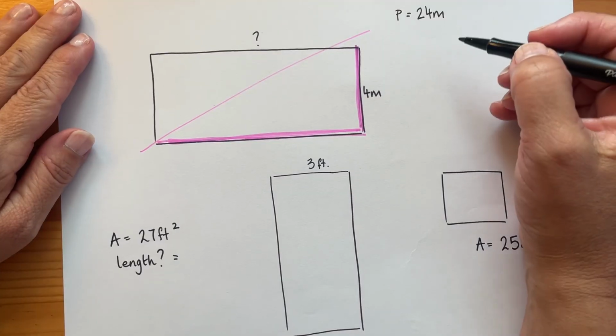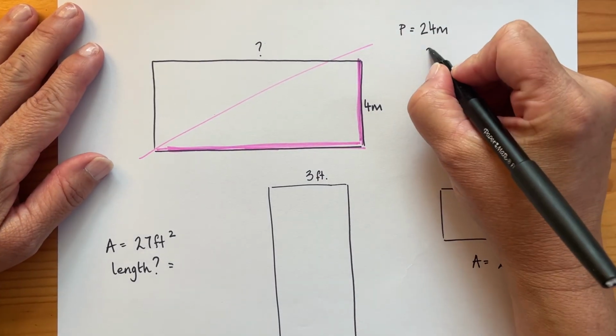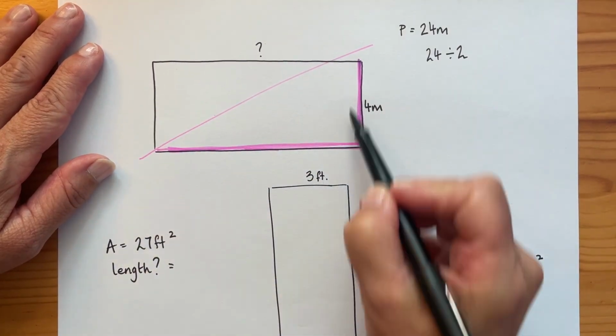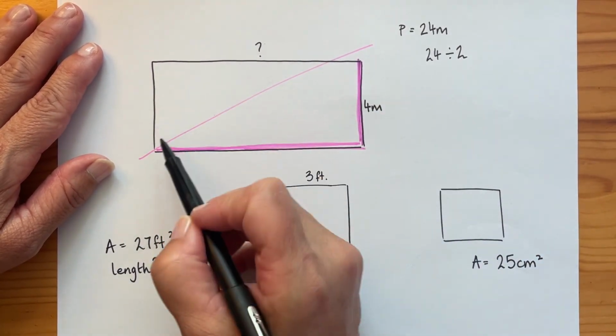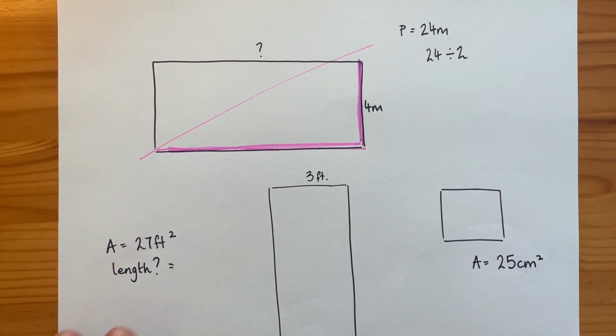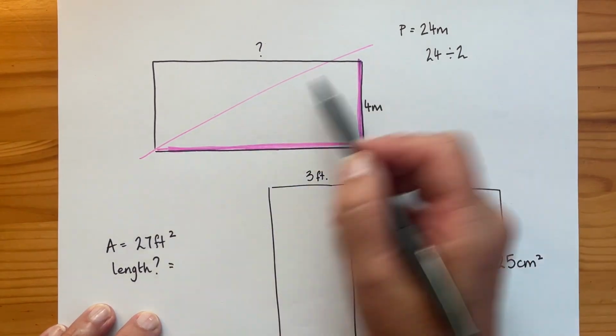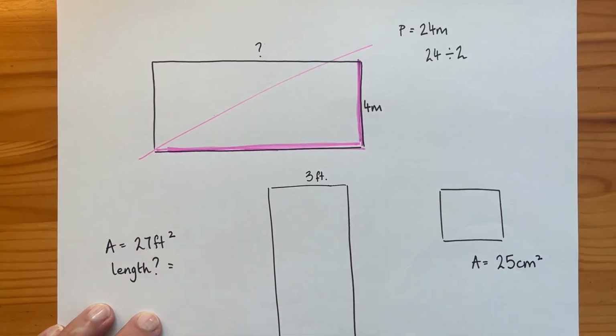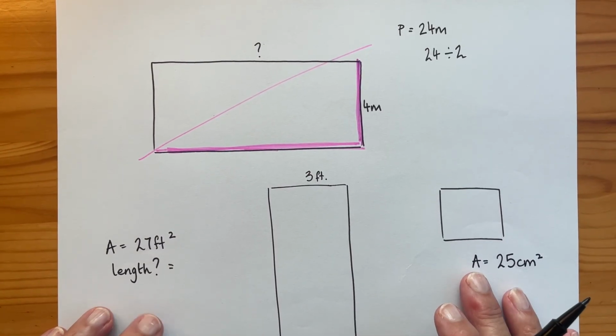So if I do 24 divided by 2, because 24 is the length of all of the sides put together, if I divide this whole shape into 2, that's going to give me the total of both of these sides, correct? Okay, you with me so far?